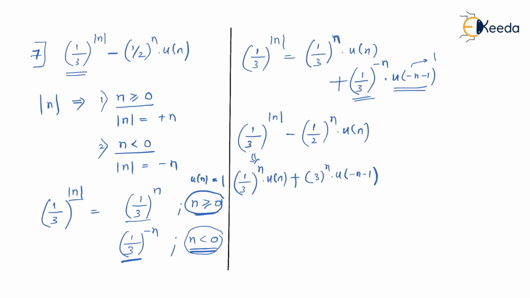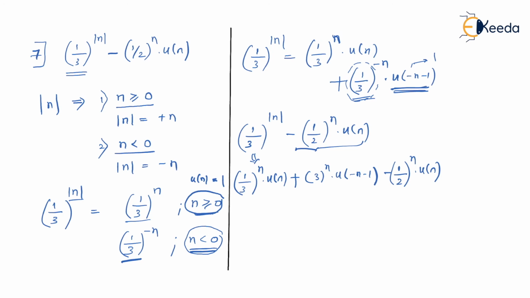I hope you understood this. See, it is 1 by 3 to the power minus n, then I made it 3 to the power n, it is one and the same thing, multiplied by u of minus n minus 1, I have stated over here. And we have this term also, that is minus 1 by 2 to the power n u of n. Am I right?